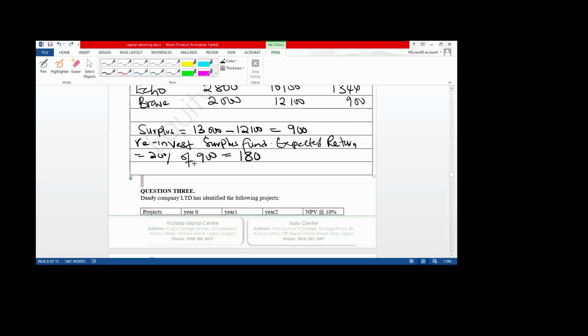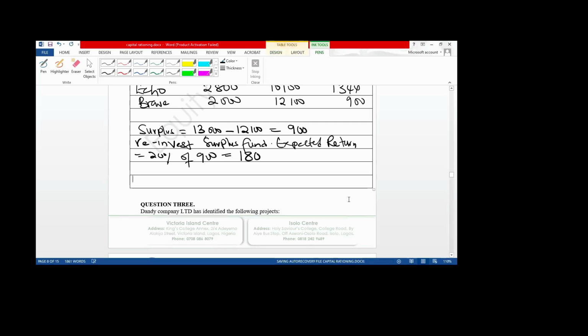I'm just trying to expand this. Oh, I didn't even expect this to be so stressful.